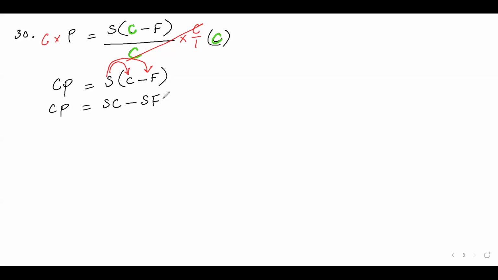And she removes her brackets. After you remove your brackets, you have to now put all the C's on one side, Shalomi. So in this case, it will be CP minus SC equals negative SF.